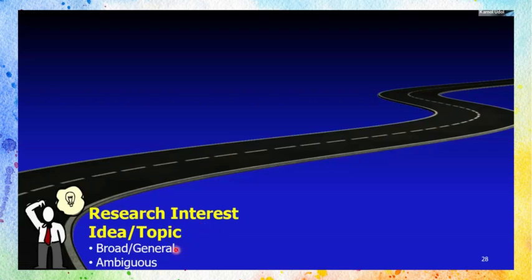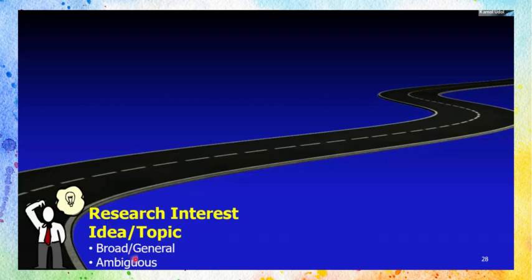And from this interest, you may suspect, or you may have some particular question at the beginning, and this question may be still broad, general, or still ambiguous. It's not clear yet, but it's the beginning.